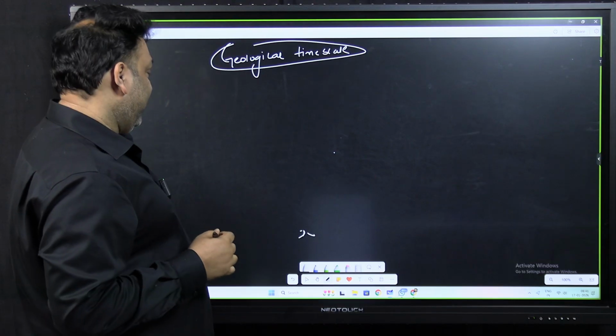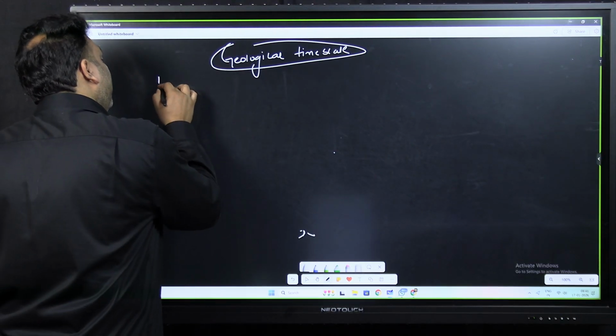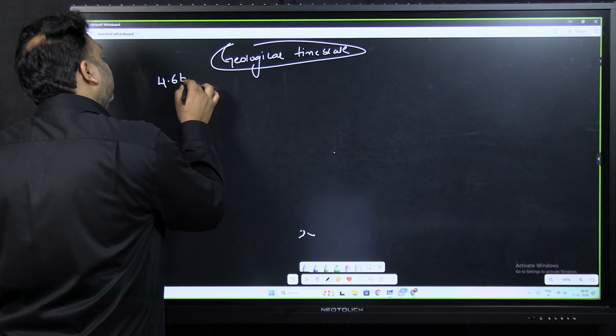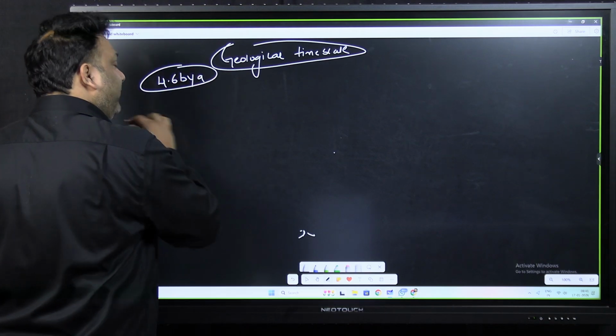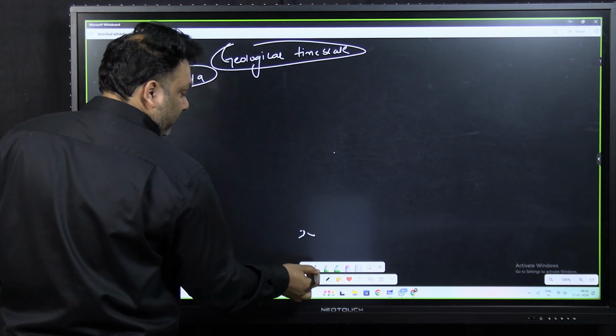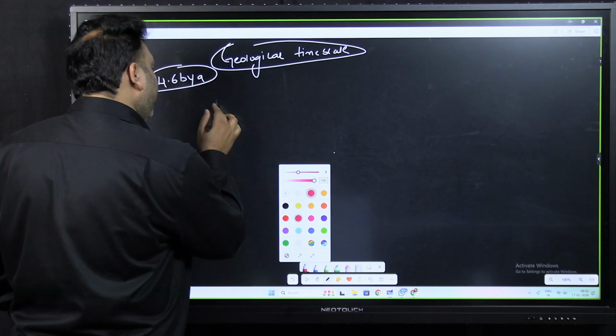So way back, say 4.6 billion years ago, when the Earth had just formed, it was a molten rock.